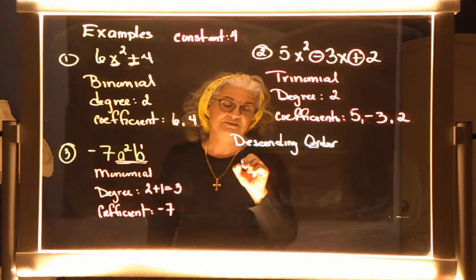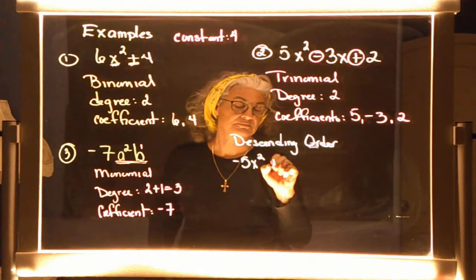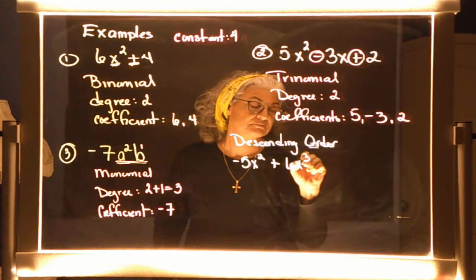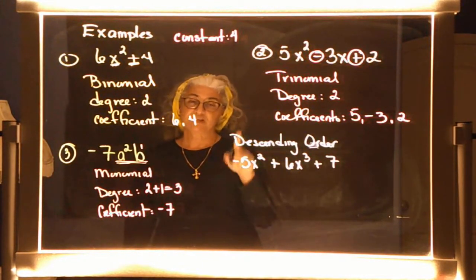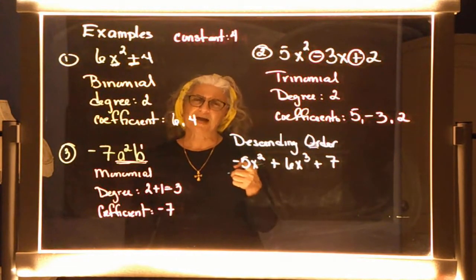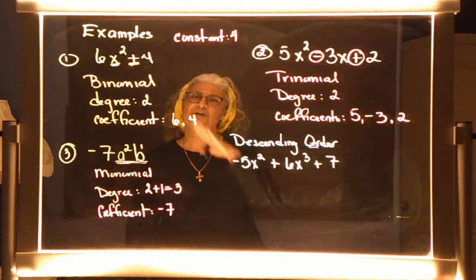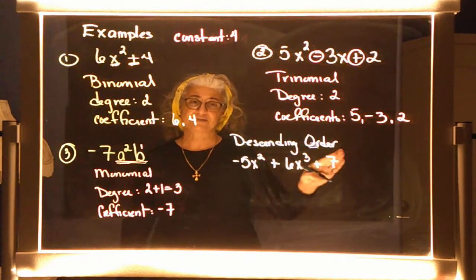For instance, I'm looking at my variables, and in this case it's x. And when I look at the powers on the x's, I notice that they're not in descending order. Descending means from the highest to the lowest.